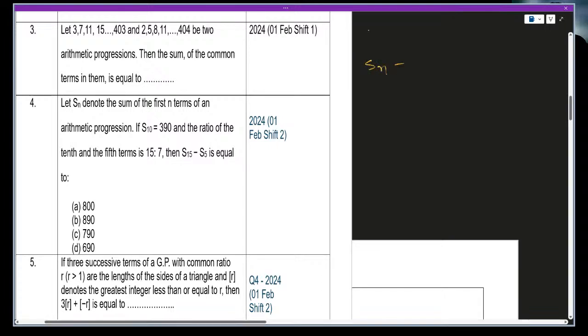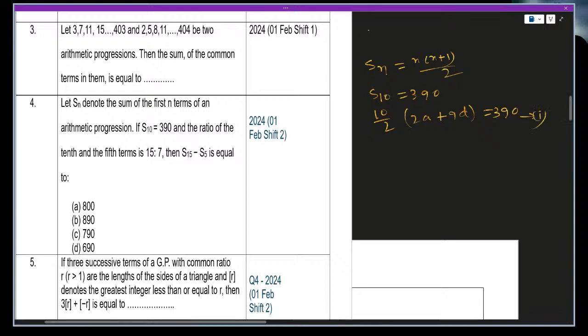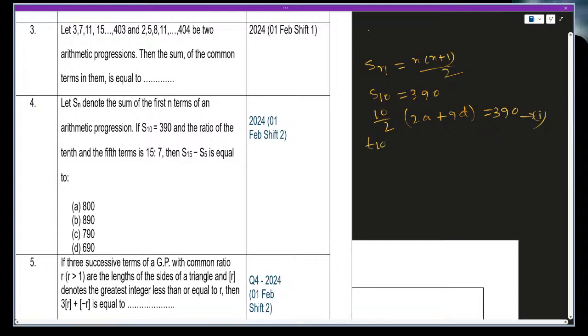So you write the value of Sn first. n by 2 into twice a plus n minus 1 into d, isn't it? S10 is 390. So 10 by 2 into twice a plus 9d. This you keep as number 1. Next, the given ratio of 10th and 5th terms is 15 by 7.